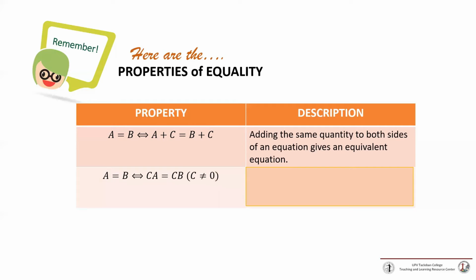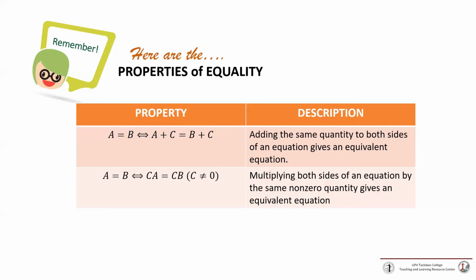Number two, A is equal to B if and only if C times A is equal to C times B, where C is not equal to 0. What does this mean? This means that multiplying both sides of an equation by the same non-zero quantity gives an equivalent equation.